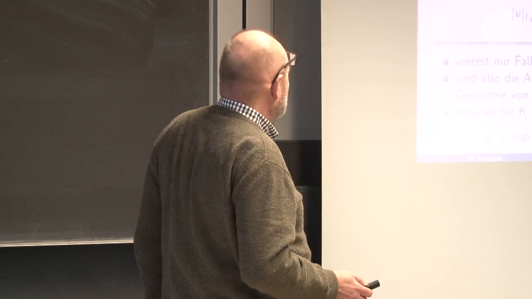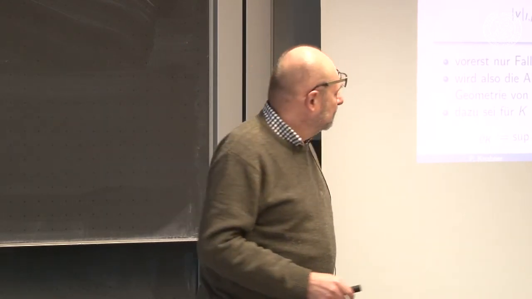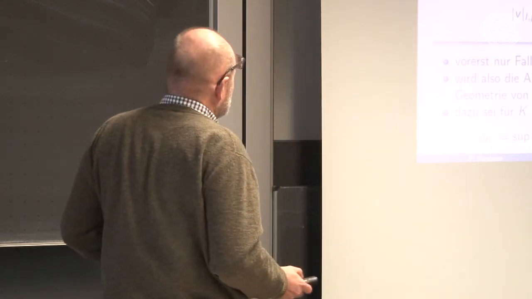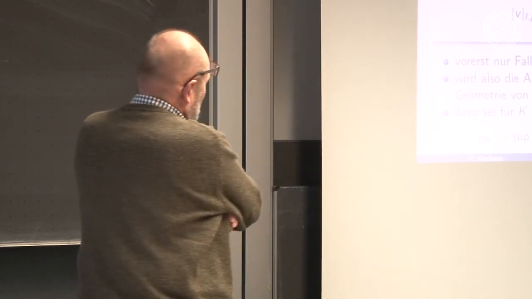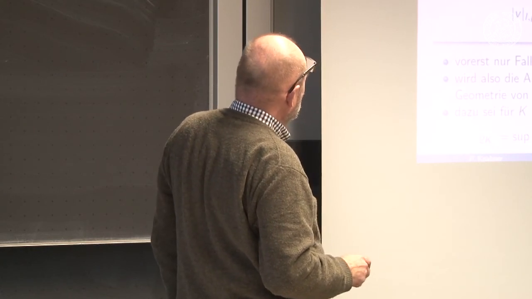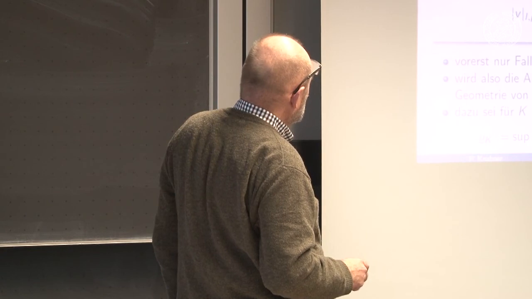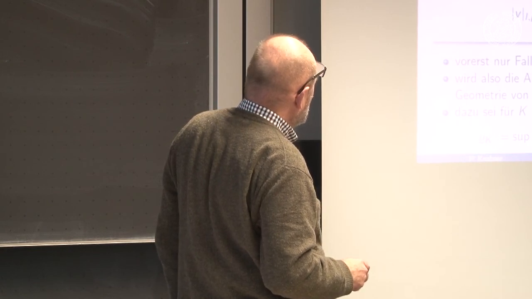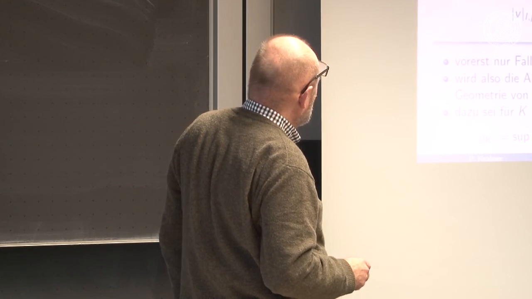Maybe I don't have too much time anymore. Now let's see what that means for the multidimensional estimate for the approximation error. We first go from the general element to the reference element. So this is the estimate of this type here.